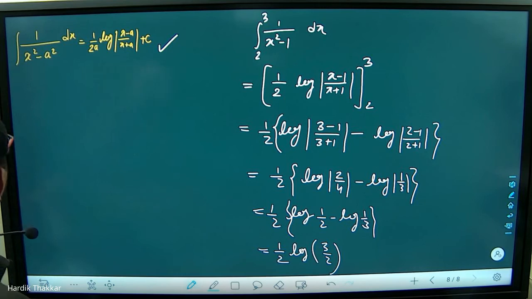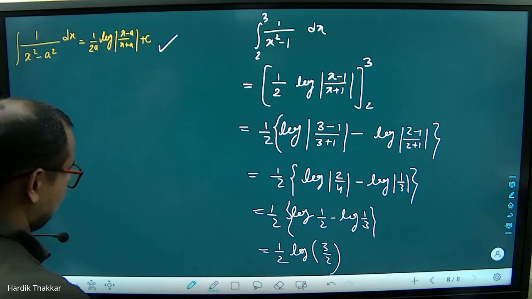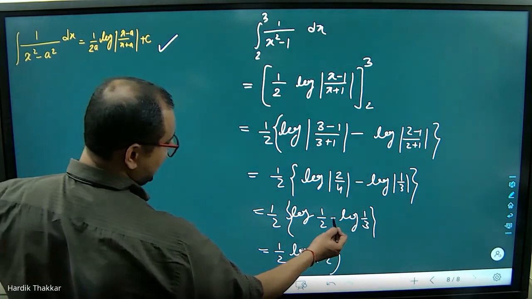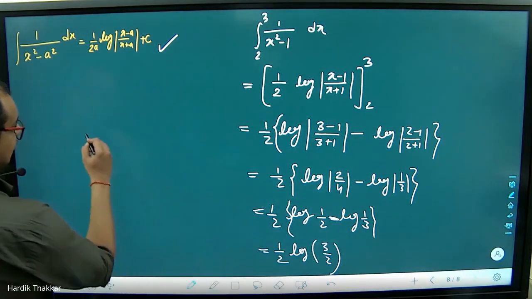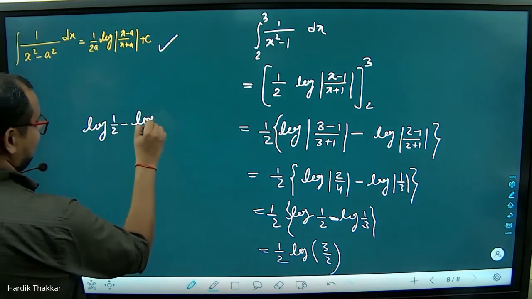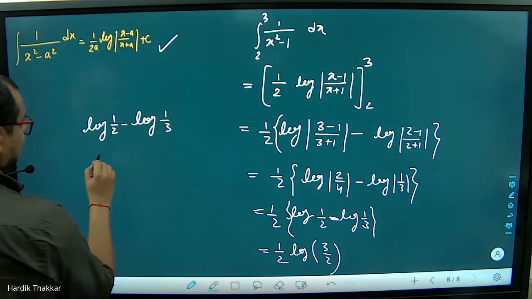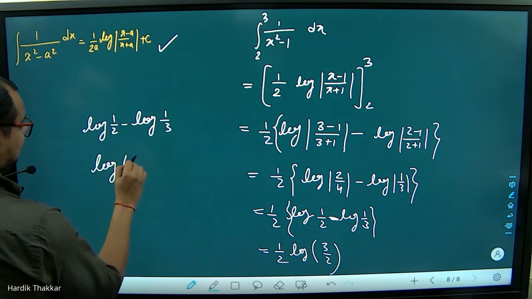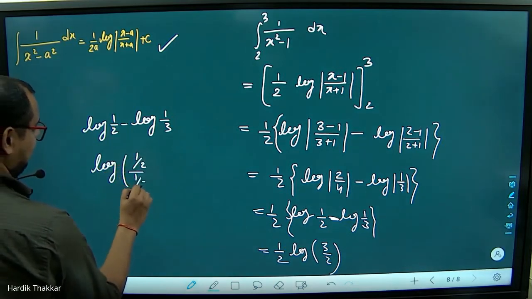Why 1 by 6? We have to take the LCM of 2 and 3. No, it is minus here, isn't it? So it is log 1 by 2 minus log 1 by 3, so it will be log a by b, by the property of log. Oh, yes, got it. Yes, sir, I got it. Okay.